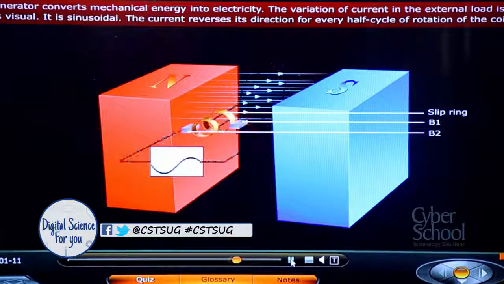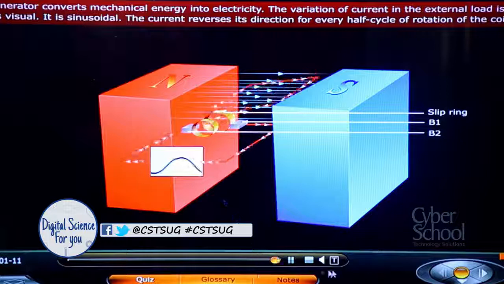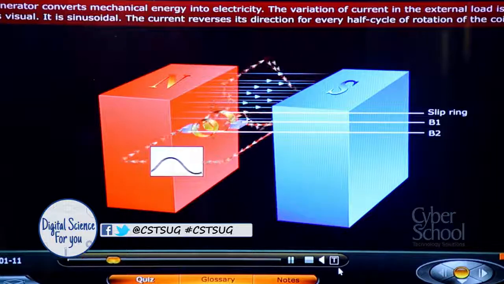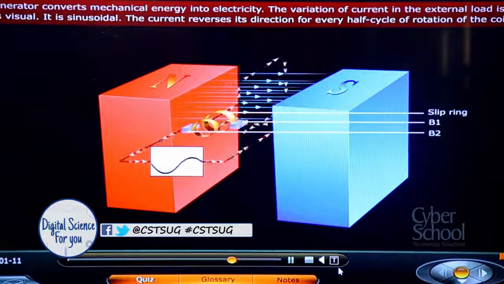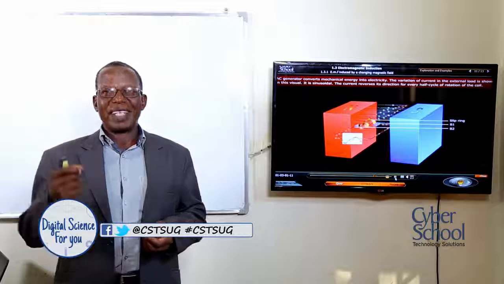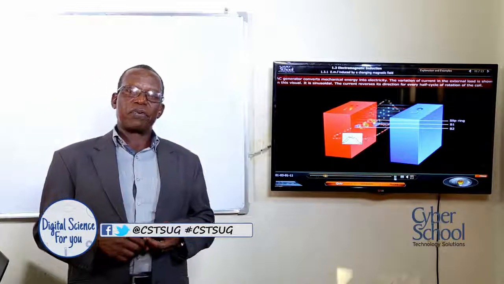Now we have, of course, different devices using direct current, and also different ones using AC, alternating current. For example, we have some radio sets which use only DC, direct current. And then there are those radio sets which can use both AC and DC.